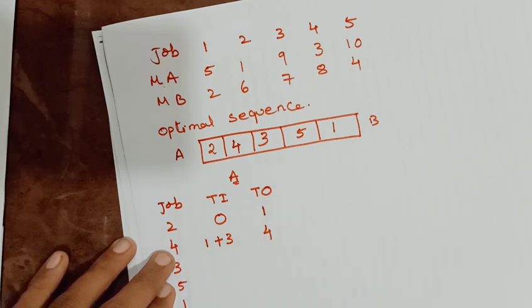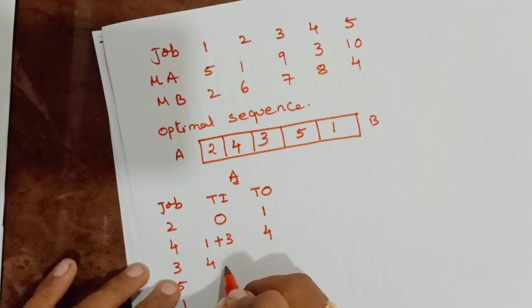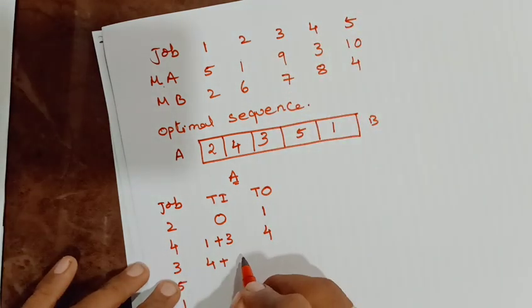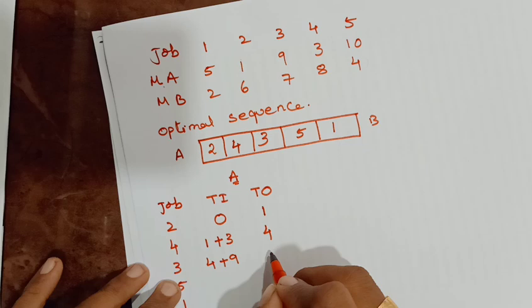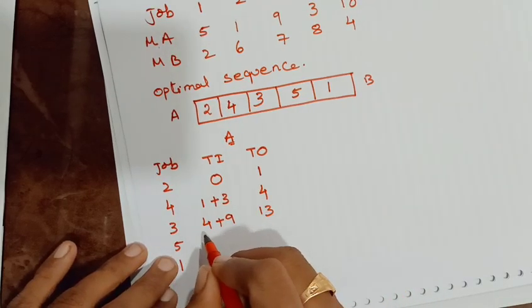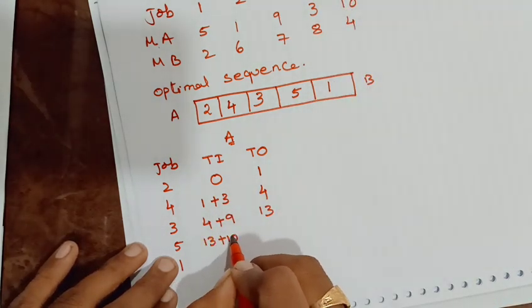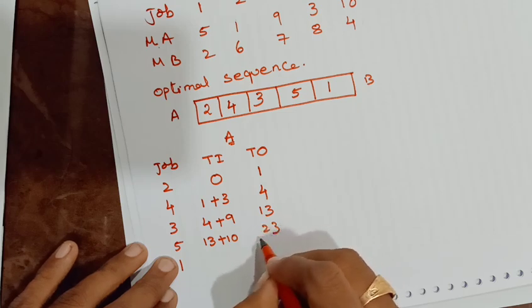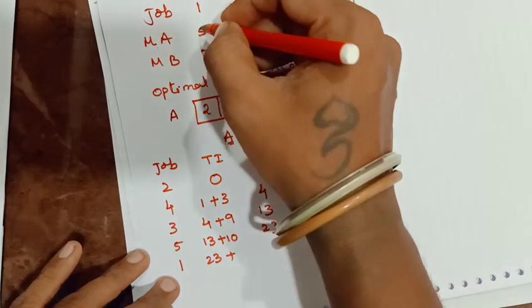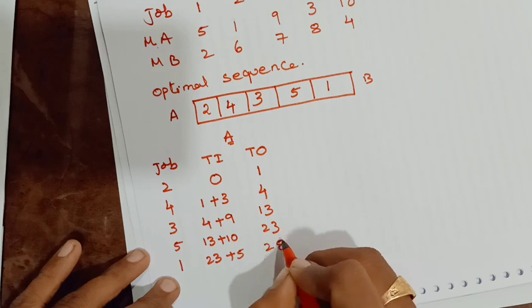In the same way, the third job starts from 4, plus its processing time 9, so 4 plus 9 is 13. For the fifth job we have 10, so 13 plus 10 will be 23. And for the first job, machine A, plus 5: 23 plus 5 is 28.